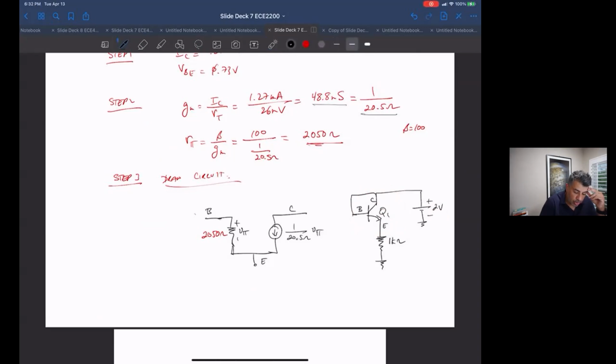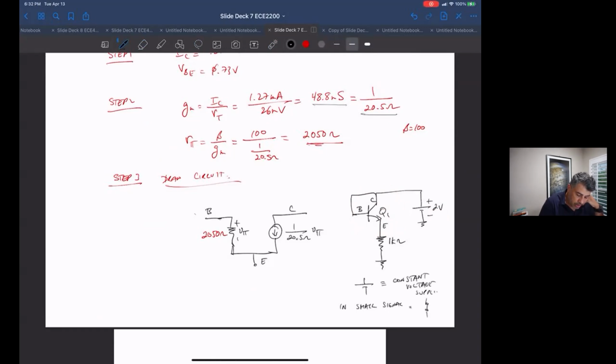So the 2 volts, if you have a battery, which is a constant voltage supply, in small signal that's going to look like a closed switch or a short.